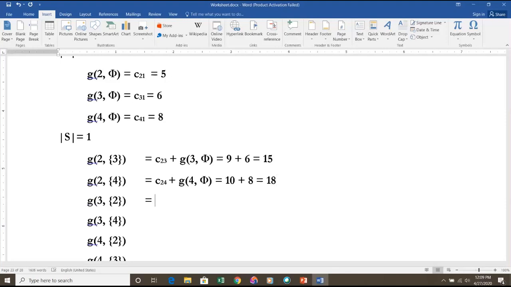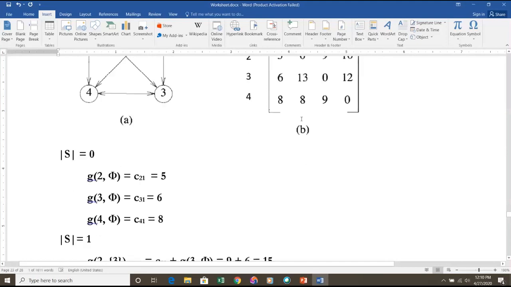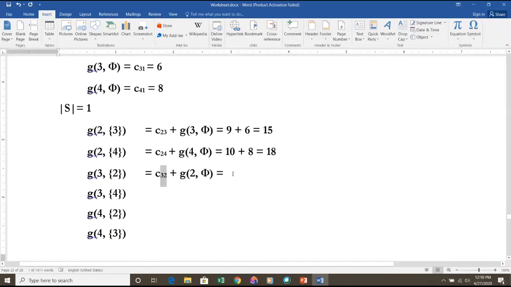So next value, c of 3 to 2 plus g of starting from 2 to 5. What is cost of 3 comma 2? 3 comma 2 is 13. What is 2 comma 5? 2 comma 5 is 5. What is g of 3 comma 4?